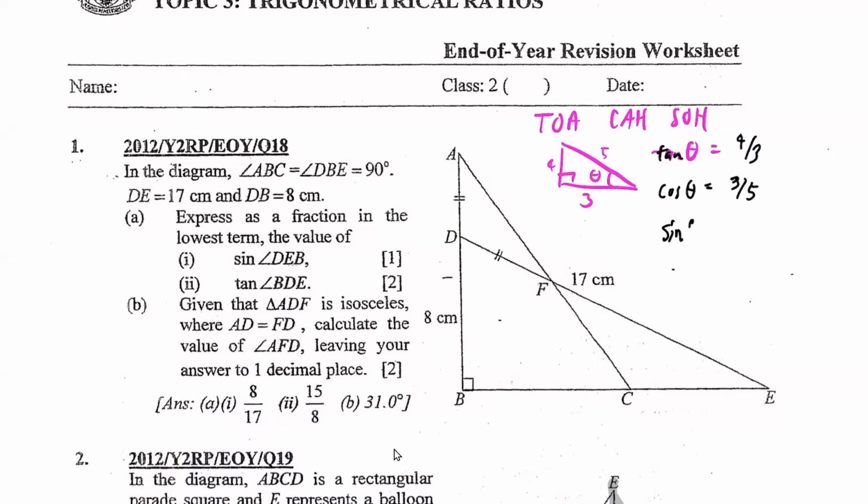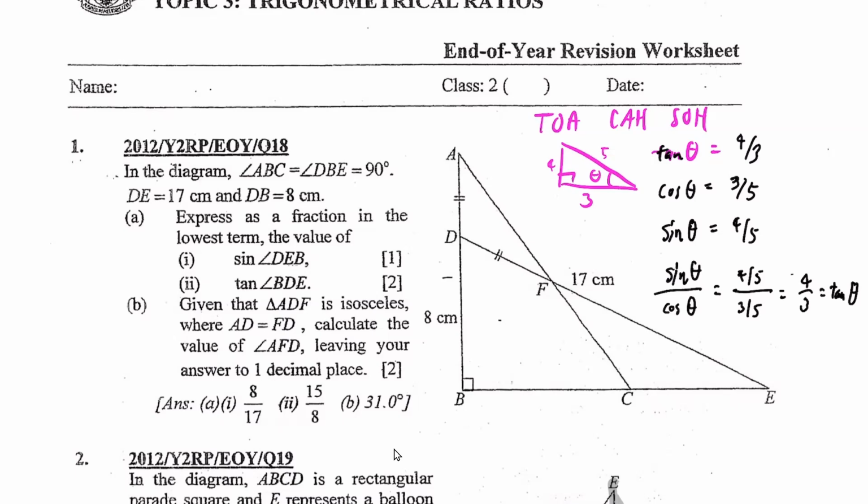Sine is 4/5. What is sine theta divided by cosine theta? Is it tangent theta? Yes, exactly. If you fill in the blank, you get 4/5 divided by 3/5. The 5 will cancel away, 4/3, which is tangent theta. Okay?